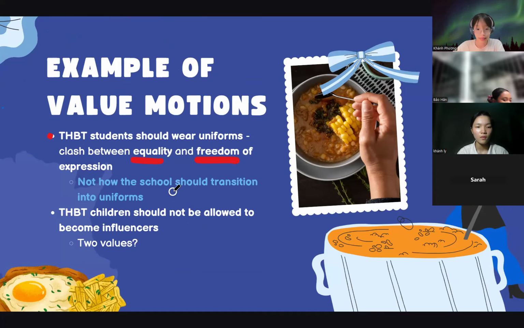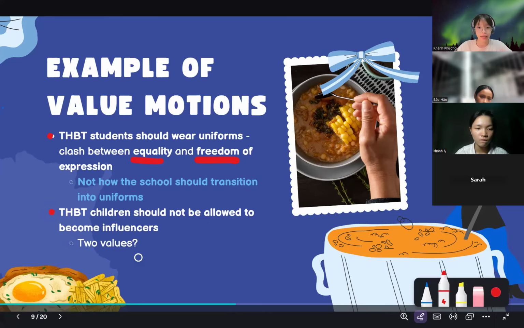So we are not debating how the school should transition into uniforms, but we are debating the value behind wearing or not wearing uniforms. Okay, so we have a practice motion. This house believes that children should not be allowed to become influencers. So what do you think the two values or clashes in this debate are?